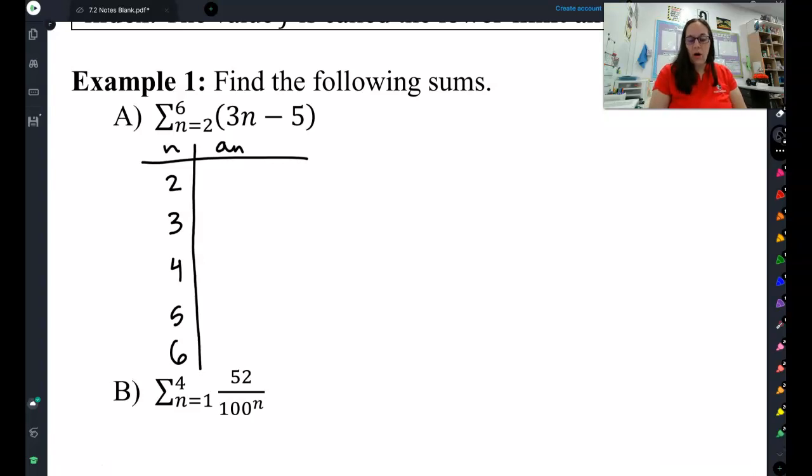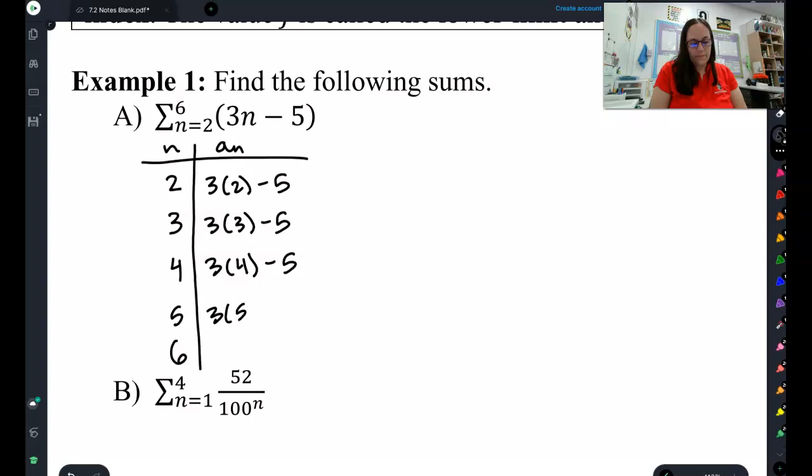And I'm going to take all these numbers and plug them into my equation. So 3 times 2 minus 5, 3 times 3 minus 5, and on. Get my answers just like I did in my last lesson. 1, 4, 7, 10, 13.